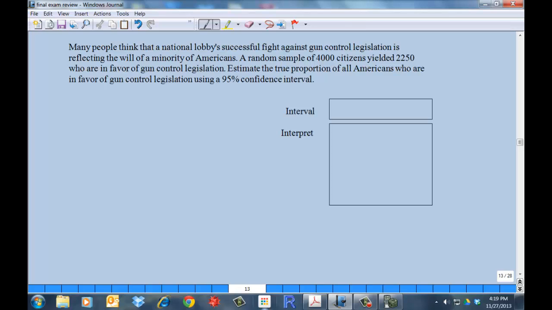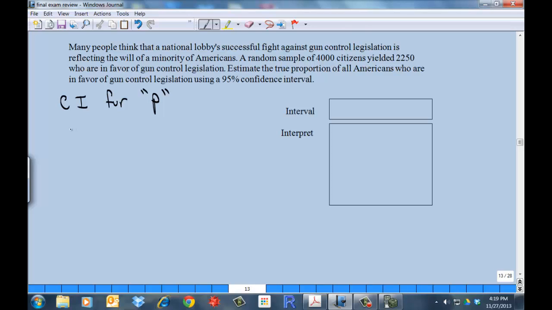A random sample of 4,000 citizens yielded 2250 who were in favor of gun control legislation. Estimate the true proportion of all Americans who are in favor of gun control legislation using a 95% confidence interval. So this is a confidence interval for p, the population proportion.